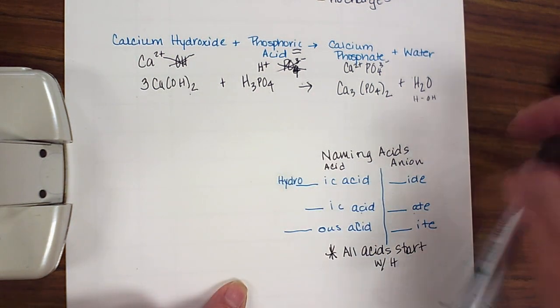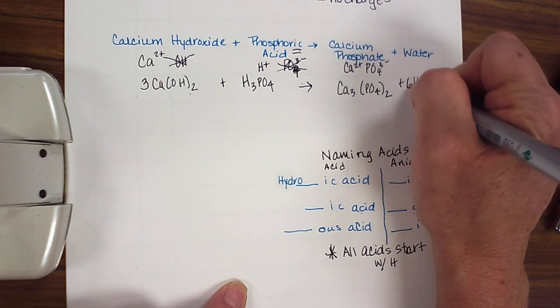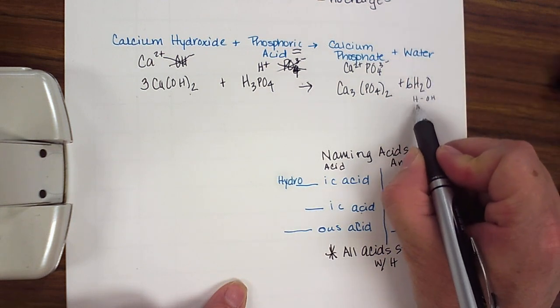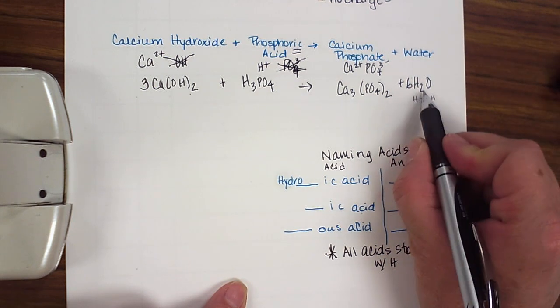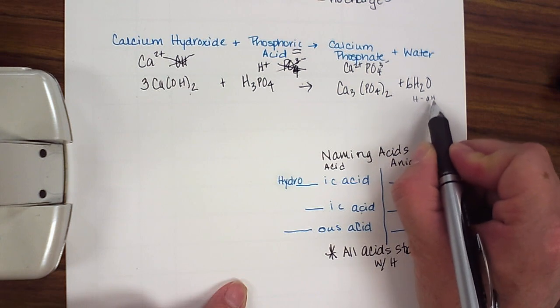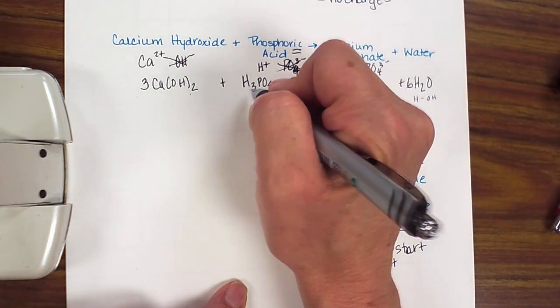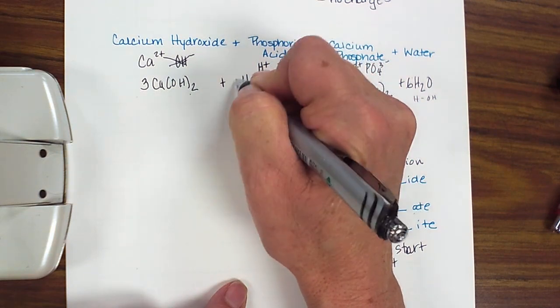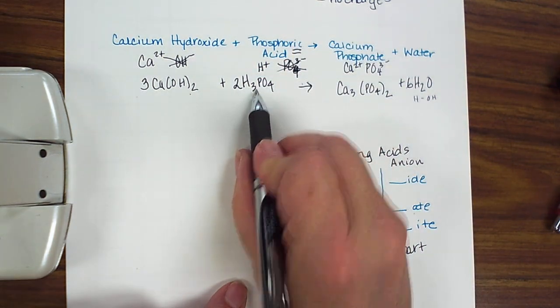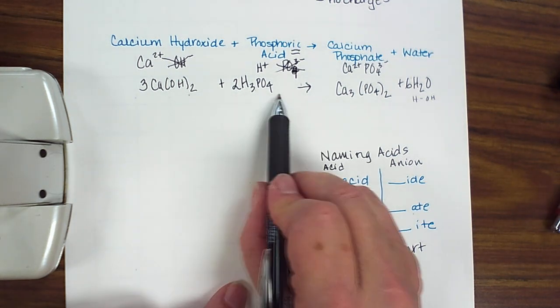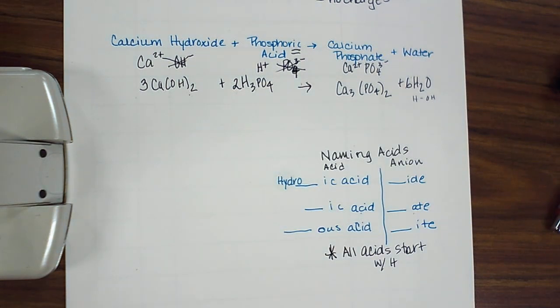So I'm going to put a 6 here, and that 6 gives me 6 hydrogens, not 12 hydrogens, because 2 of them went to the hydroxides. See, the hydroxides and the hydrogens, right? So that means I'm going to put a 2 here. So that's 6 hydrogens and 2 phosphates, and now I'm balanced. Okay, so that's that.